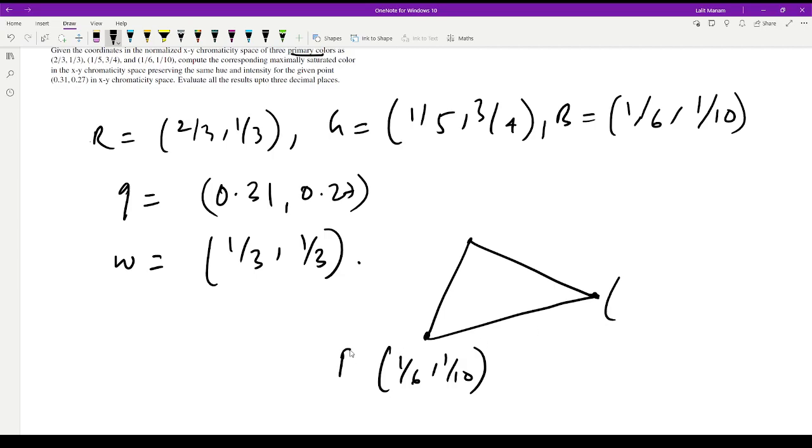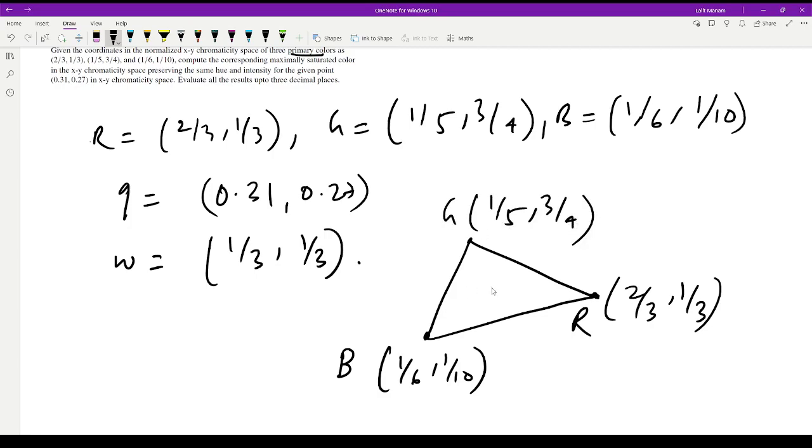This is B. R will lie somewhere, 2 by 3, 1 by 3. G will lie here, 1 by 5, 3 by 4. And our center lies somewhere here, 1 by 3, 1 by 3. So given all this information, now we have some vector Q, which is 0.31, so it will be slightly here, and 0.27 somewhere here.